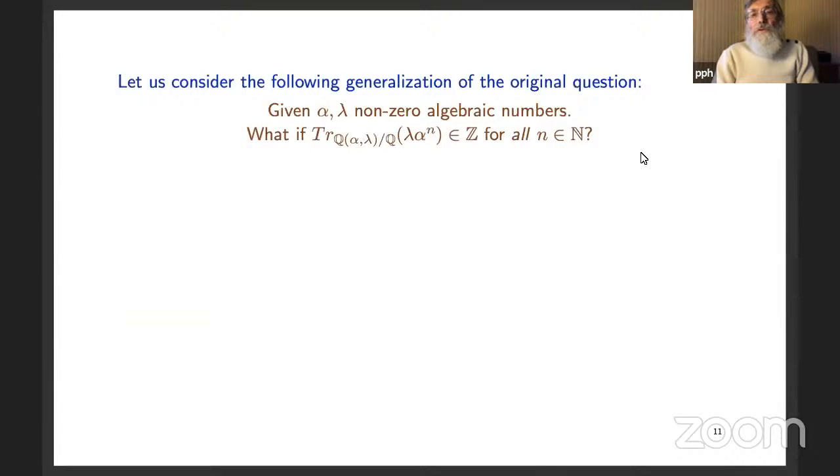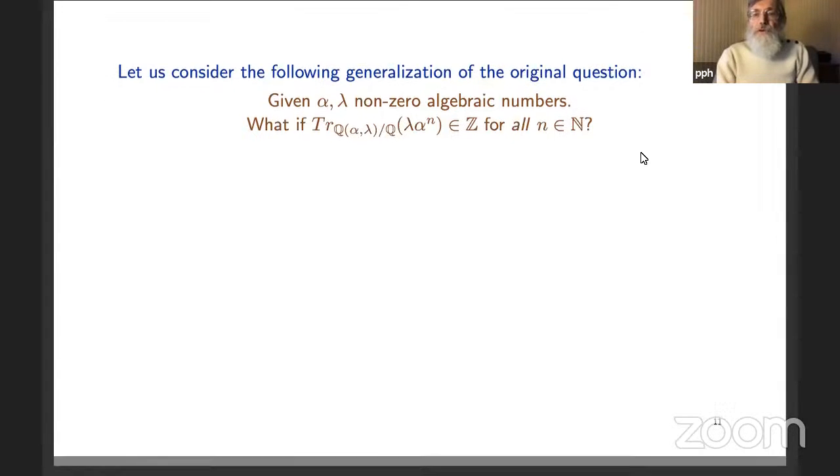So we can consider the following question, which actually generalizes a little bit the result of Polya, because we consider here two numbers, actually, alpha and lambda. We take them non-zero because otherwise the problem is trivial. And so we take two non-zero algebraic numbers, and let's assume that the trace to Q of lambda alpha to the n is integral for all n.